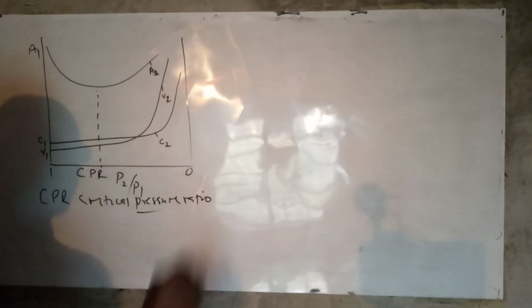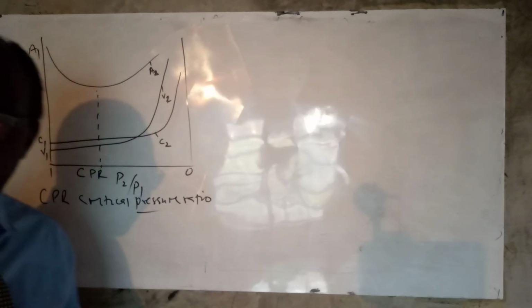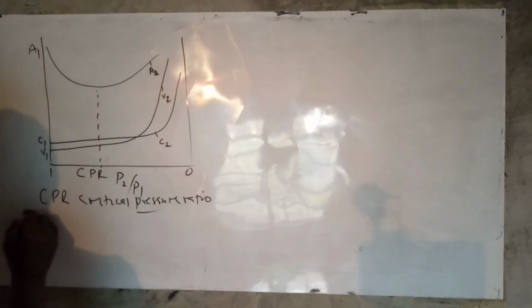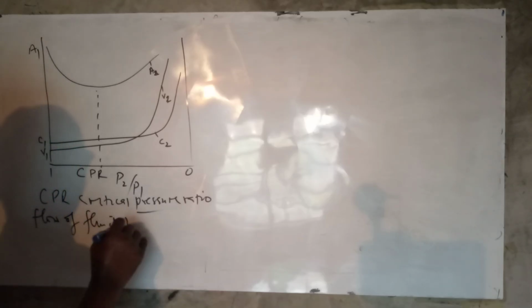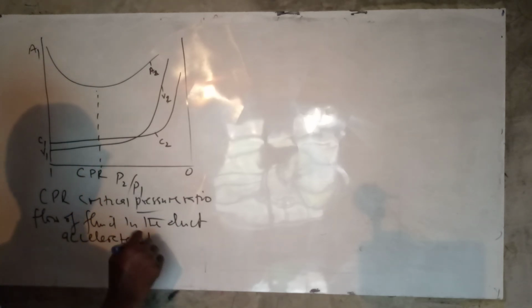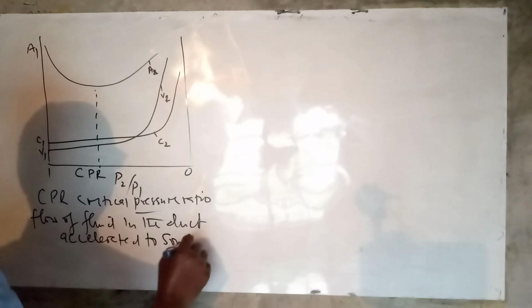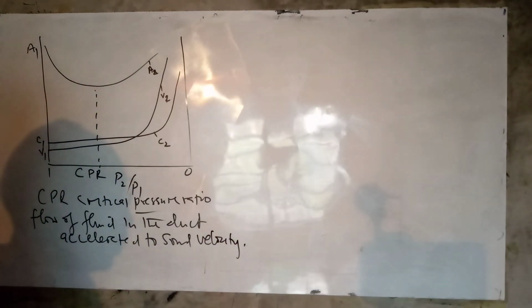It's important to remember that at the critical pressure ratio, the flow of fluid in the duct is accelerated to the sound velocity at the CPR, the critical pressure ratio.